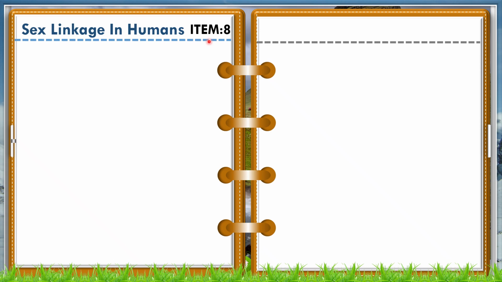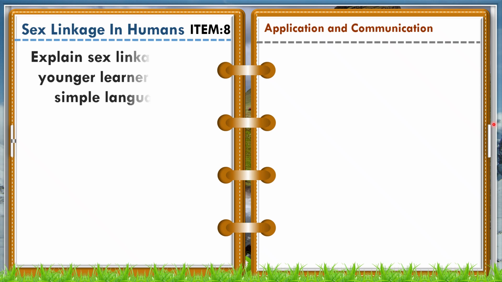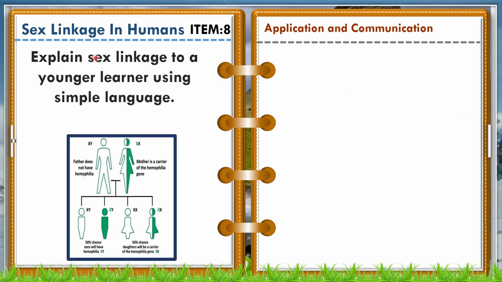Item 8. We are still on sex linkage in humans. We want to emphasize application and communication. Explain sex linkage to a younger learner using simple language.